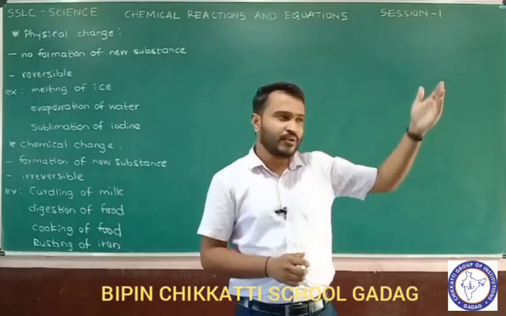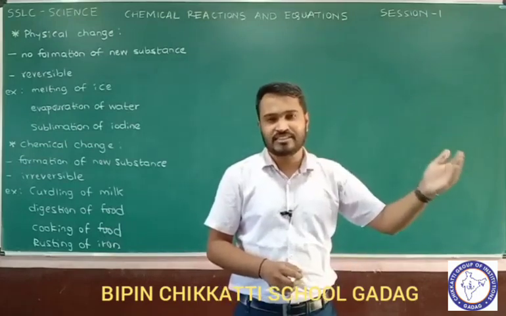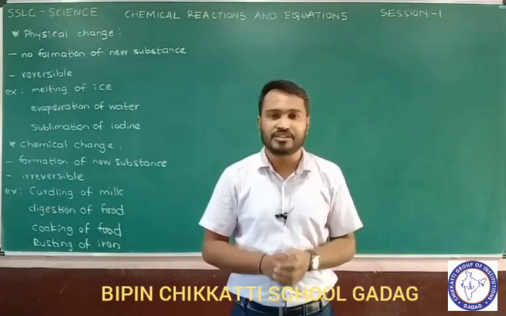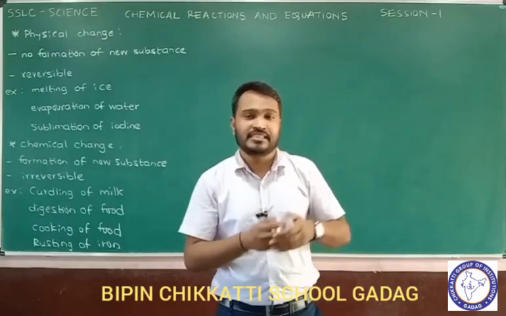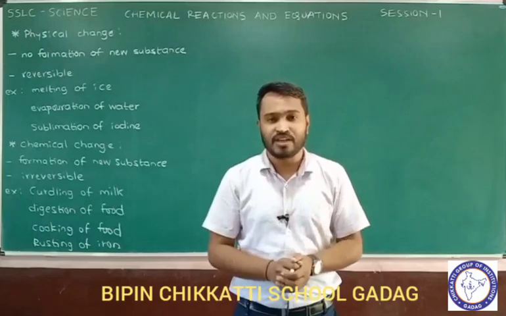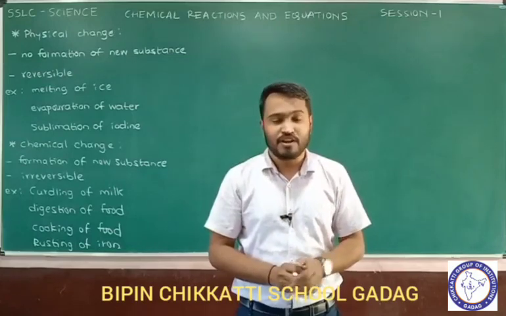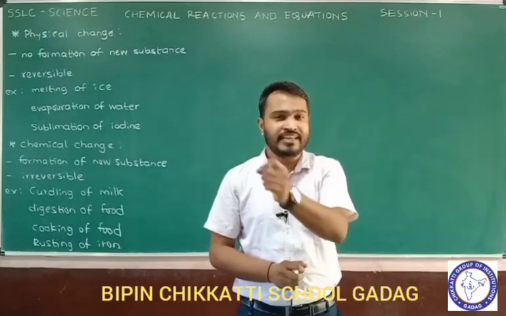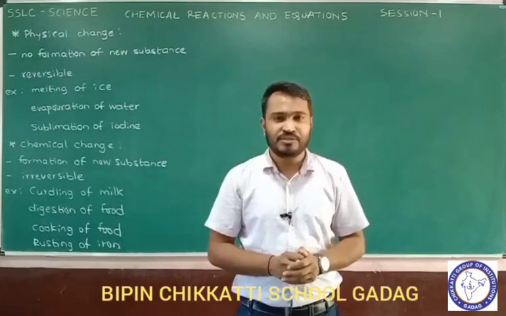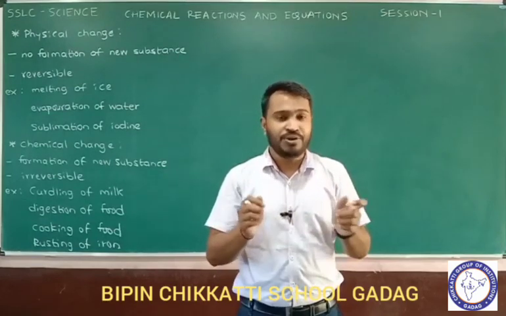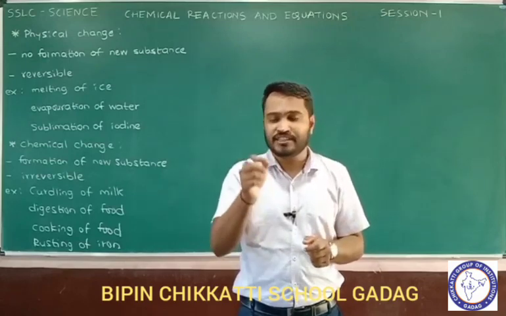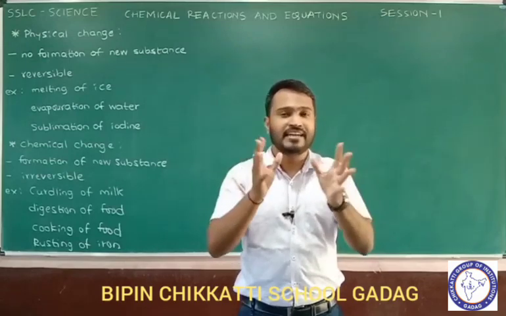Similarly, we can give any number of examples for physical change and chemical change. One example I am going to consider, and you should guess whether it is an example for physical or chemical: fermentation. Fermentation is nothing but the decaying of a substance, and now you just imagine whether fermentation is physical or chemical. I told you already, if you want to guess whether it is physical or chemical, apply the condition.